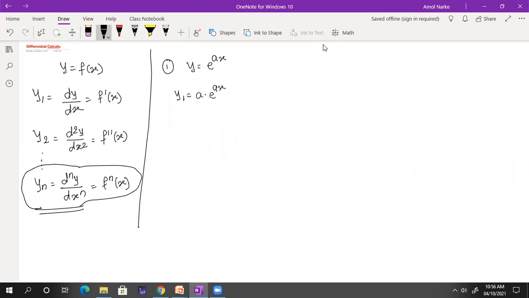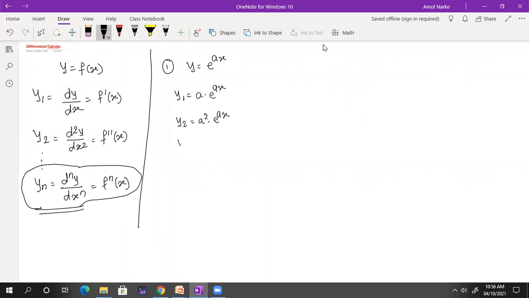Is that correct? Yes, sir. Okay, what is y2 then? a square into e raised to ax. Absolutely correct.